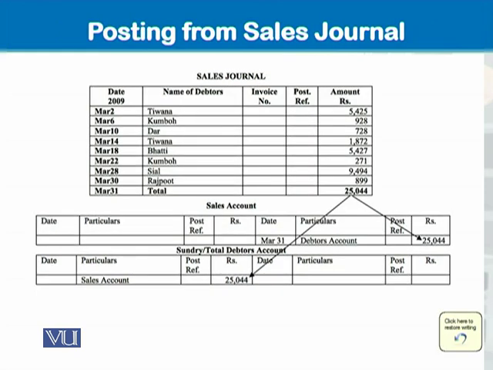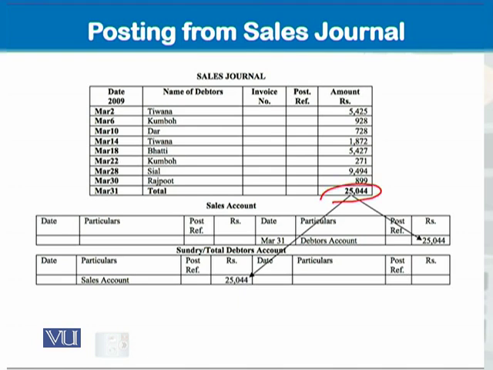Well, so let's see what we do in the sales journal case. In the sales journal, again, 25,044 is the sum of the total of the sales journal for the month of March. And we know very well that behind this 25,044 there are altogether credit sales, and these credit sales need to be reflected in two ledger accounts.